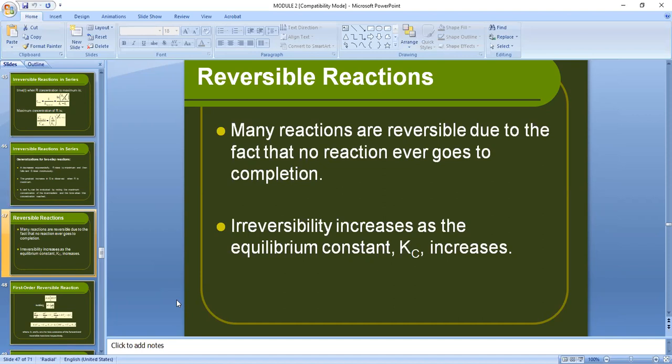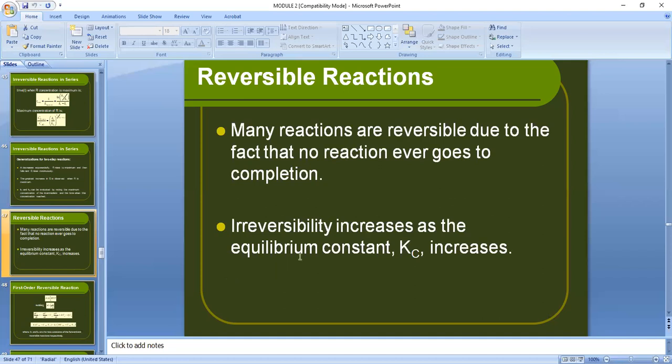It's because there is some degree of reversibility in all reactions. The reason why it's written as irreversible is because the rate of one really dominates the other. The rate of the reverse reaction is very small compared to the forward reaction, so you only get to see one path. That is why it's written as an irreversible reaction.